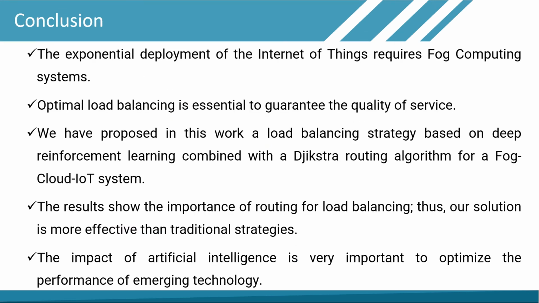So now we reach the conclusion that the exponential deployment of the IoT requires fog computing systems and optimal load balancing that is essential to guarantee quality of service. Here in this work, we proposed a load balancing strategy that was based on DRL combined with Dijkstra's routing algorithm for a fog cloud IoT system.